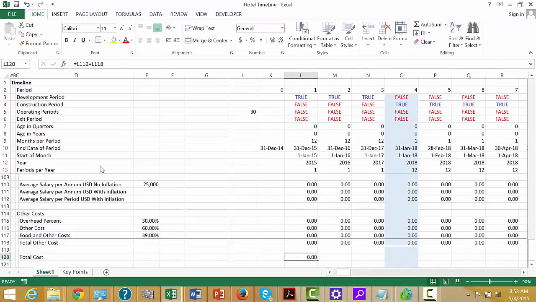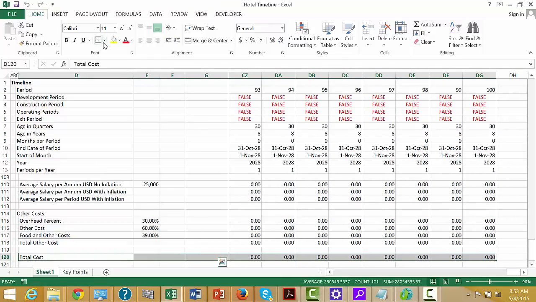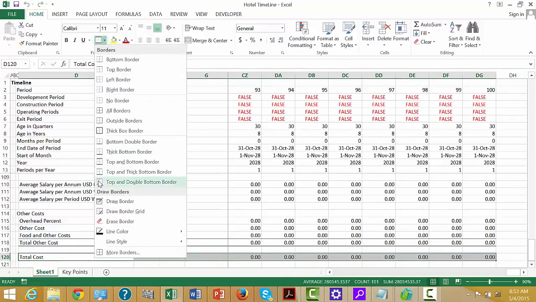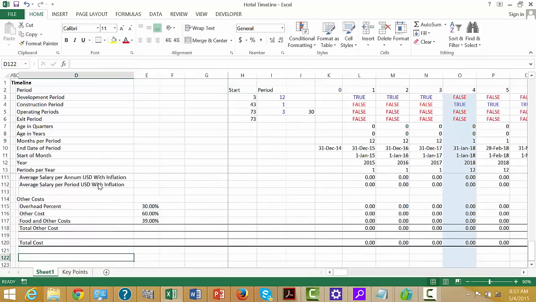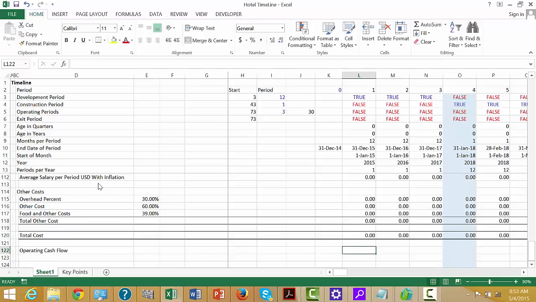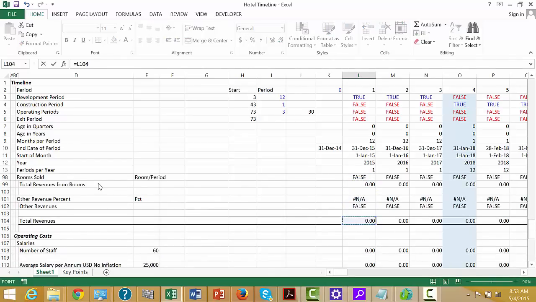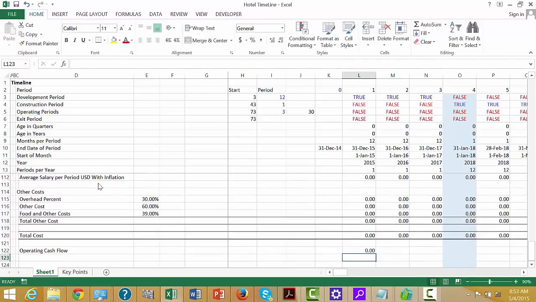Oops. Shift Control R, and let's put this one, and why don't we call this difference operating cash flow. Now once we have this one, we're really on the way to being finished with our model, because we have the total revenues minus the total costs.